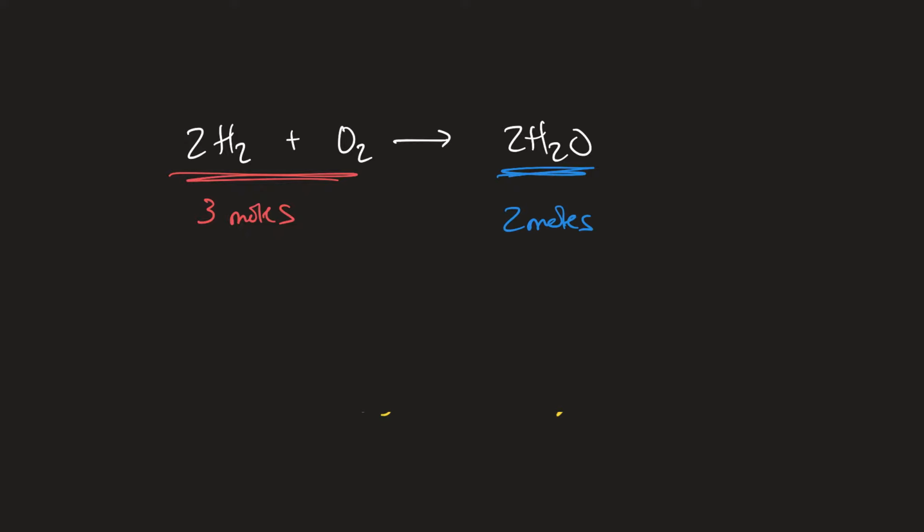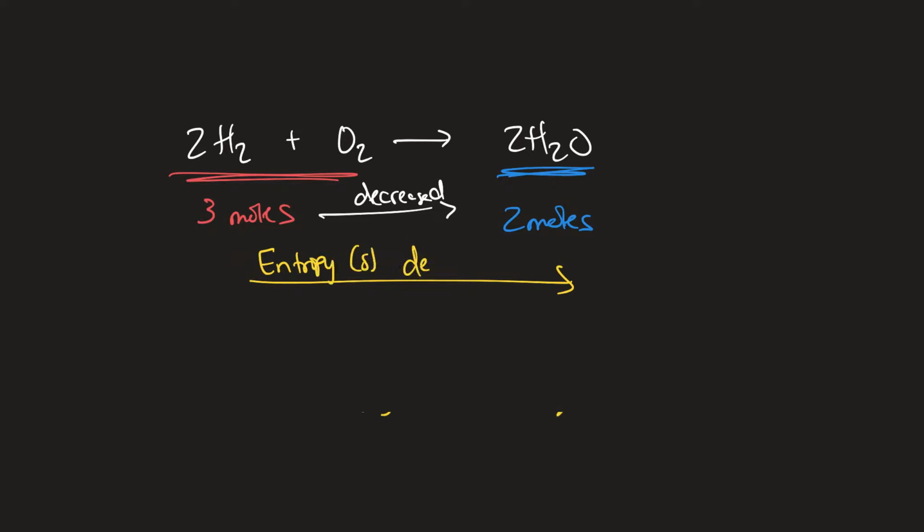Because the number of moles decreased as you've gone this way, entropy, or S, actually decreases as well, because you're going from more moles to fewer moles.